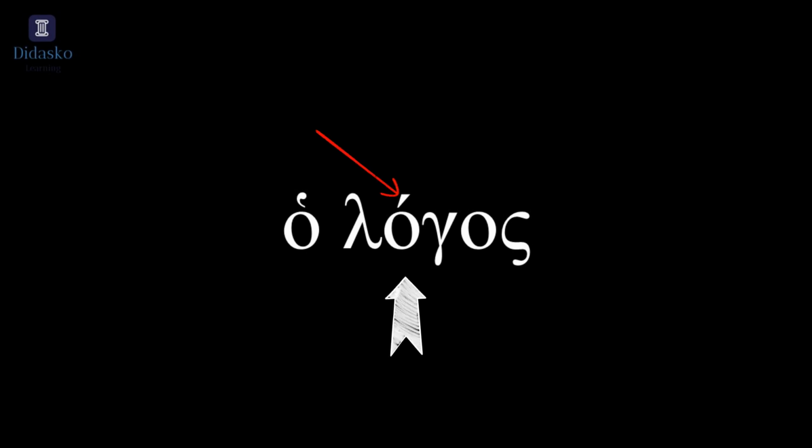What kind of accent is that? It's an acute accent. Then we have gamma, omicron again. And then we have sigma. And this, if you'll recall, is the final form of the sigma. When a sigma is in the middle of a word, it's going to look different. Okay, let's move on to our next word.